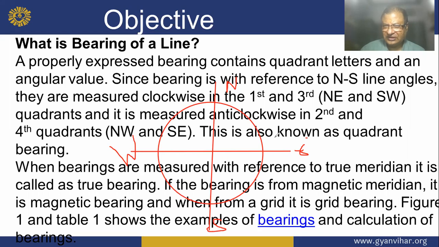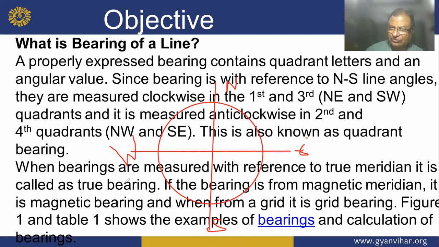What is the name of this quadrant? This quadrant name is northeast. What is this quadrant name? This is SE. And what is this?